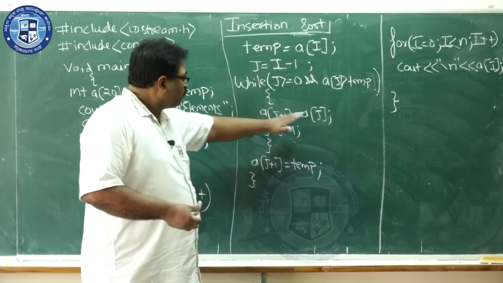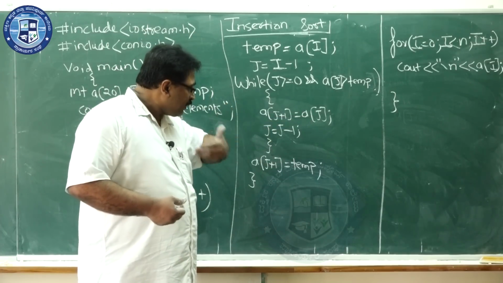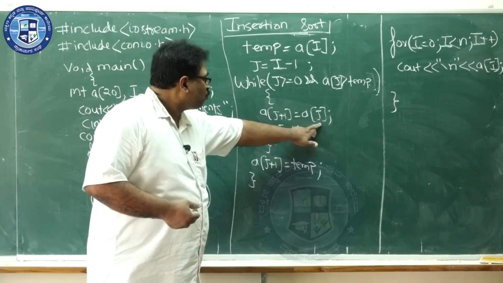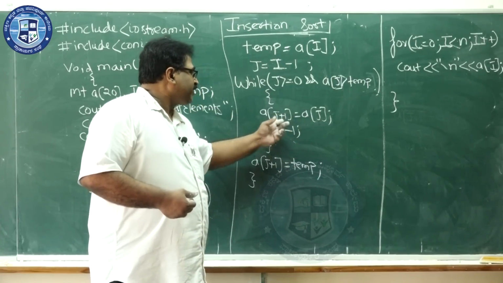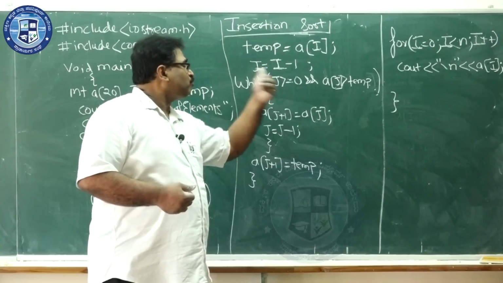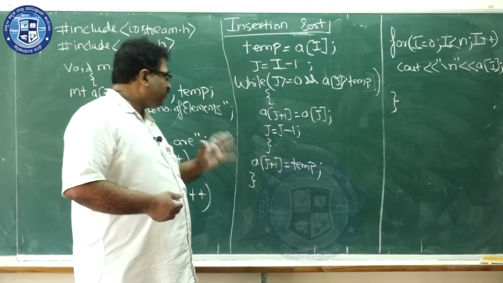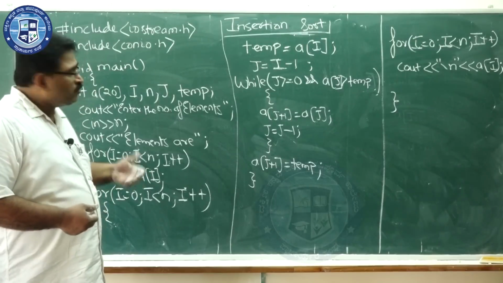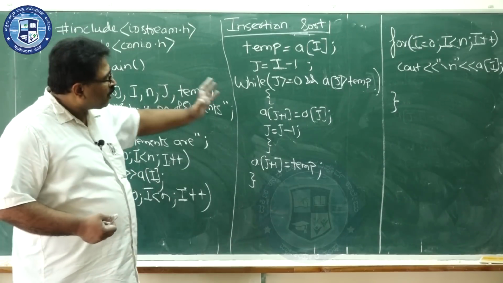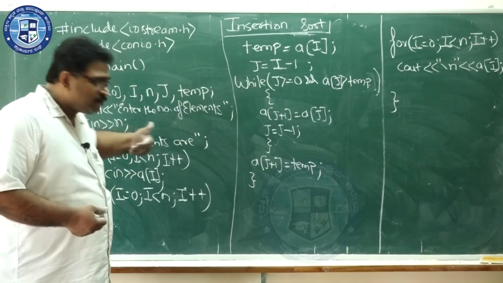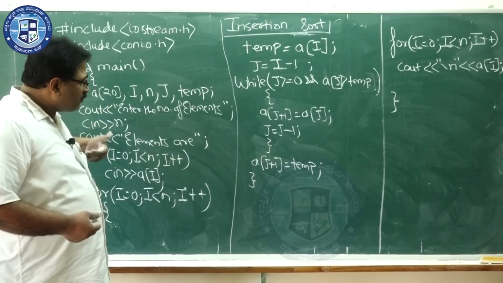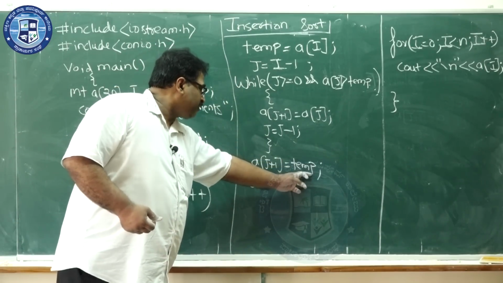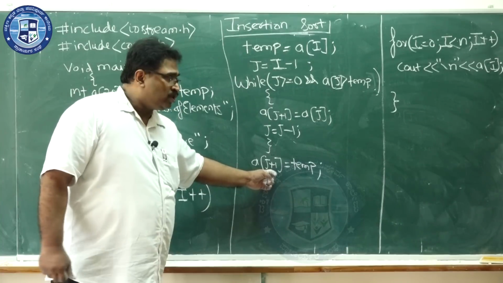Now, when you're doing that, I told you, you're moving the element towards the right side. So A of j, you're pushing it towards A of j plus 1. And finally, as I told you, j has to be reduced. I is moving from 1 to n minus 1, j is going down to 0. And finally, we are shifting what was there in temp back to A of j plus 1.